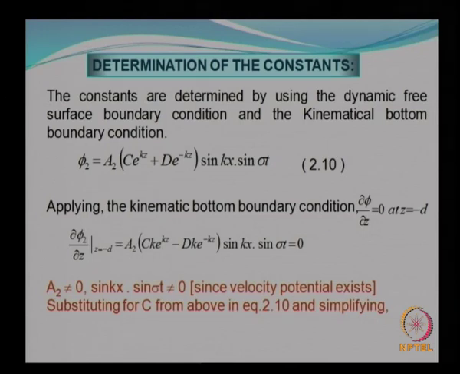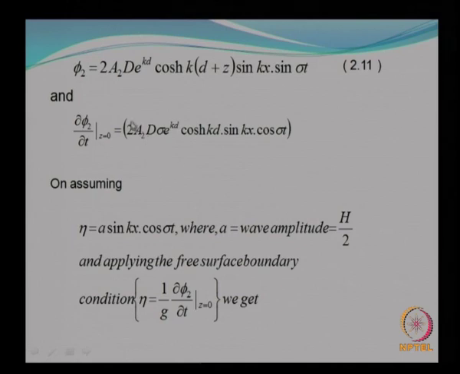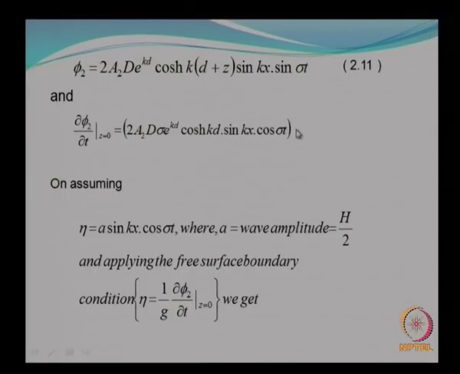Is that clear? What was that dynamic free surface boundary condition? Please recollect, it is eta equal to 1 by g into dou phi by dou t at z equal to 0. That was the dynamic free surface boundary condition which will lead to this kind of equation.